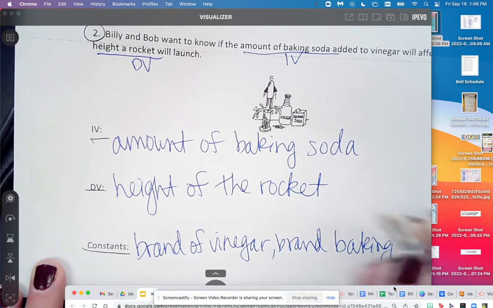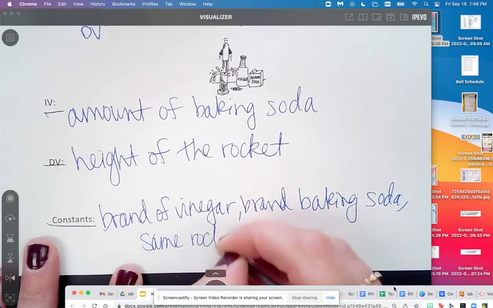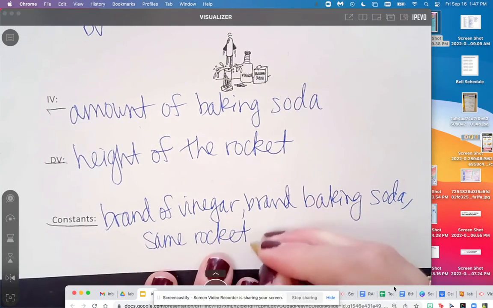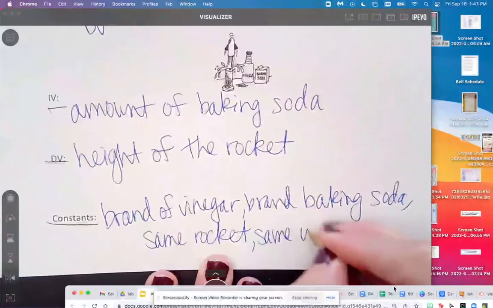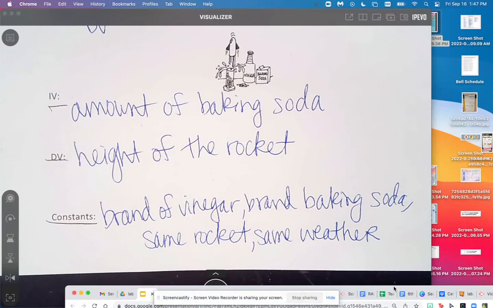I should probably use the same kind of rocket, right? Because if I use one rocket versus another, the experiment could be based on the different types of rockets working better and not the baking soda, right? So maybe I want to have the same weather conditions when I set it off outside, right? I don't want a windy day versus a really sunny, not windy day, because the results might be different, okay?